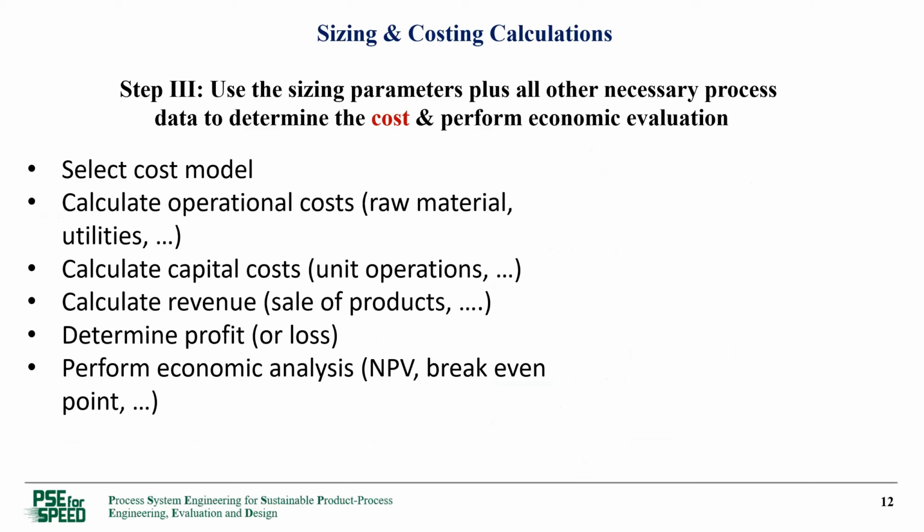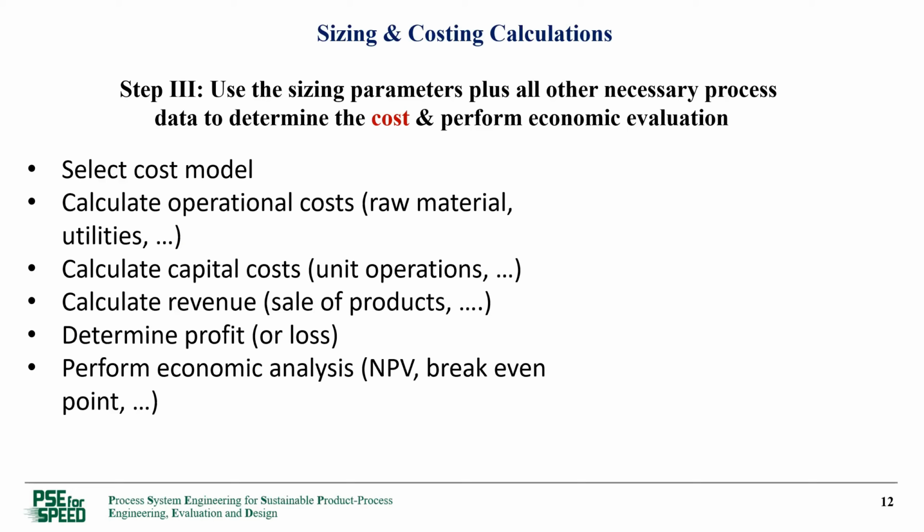So when we come to point number 3 step, we have done the sizing. Now we want to calculate the cost. We have to select a cost model. You will find in the literature several of them, but most of them start with the Guthrie model. We need to calculate the operational costs, that is the cost of the raw material, cost of the utilities, and so on.